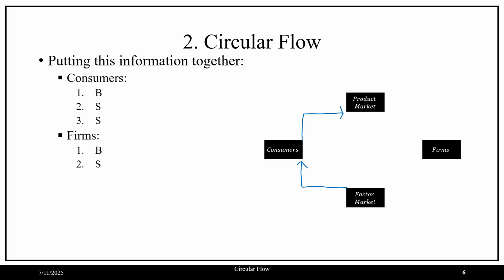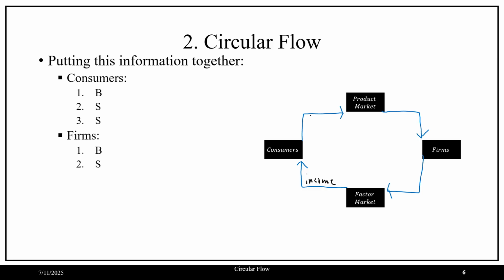That money is then transferred to firms in the form of revenue, which is then used by firms or businesses to continue paying for our labor. What I've drawn is an inner set of arrows: from factor markets to consumers, consumers are earning an income.